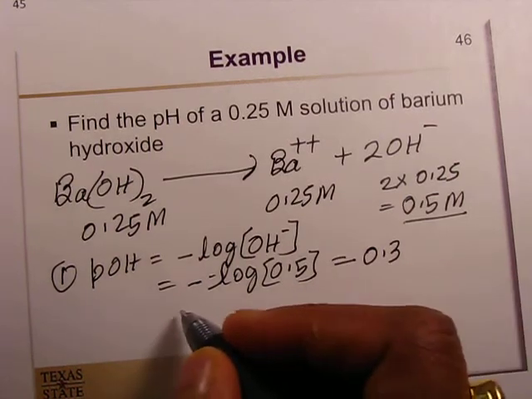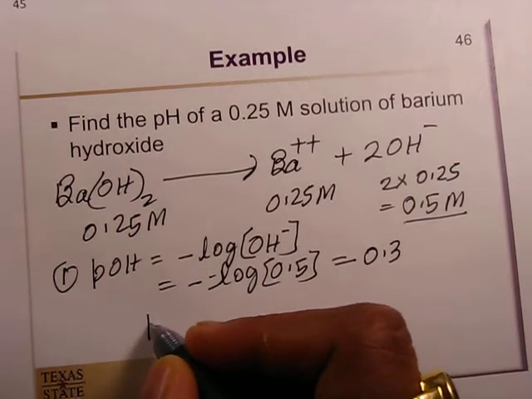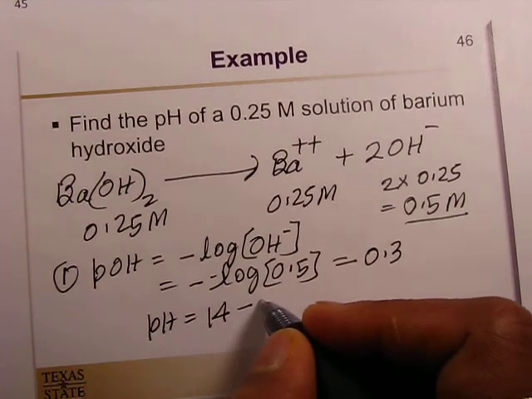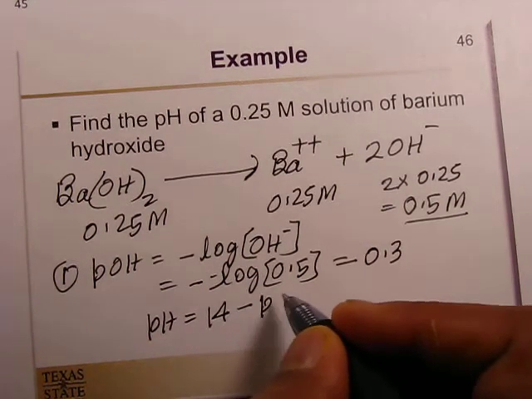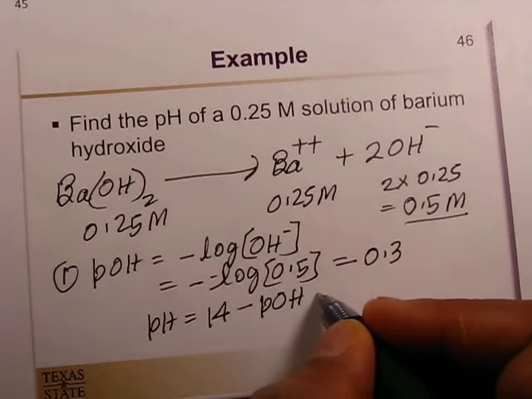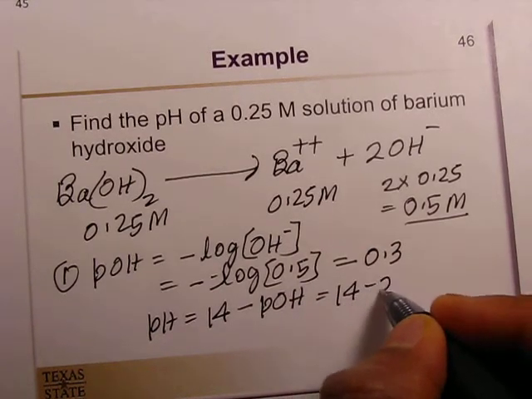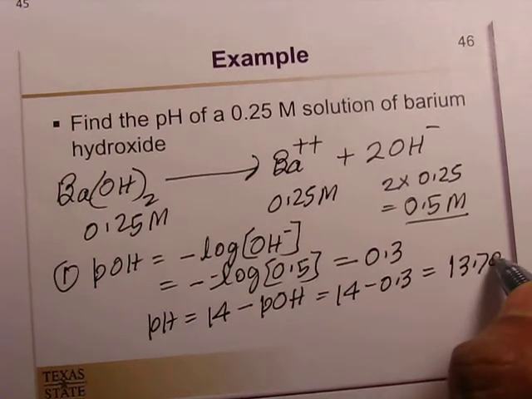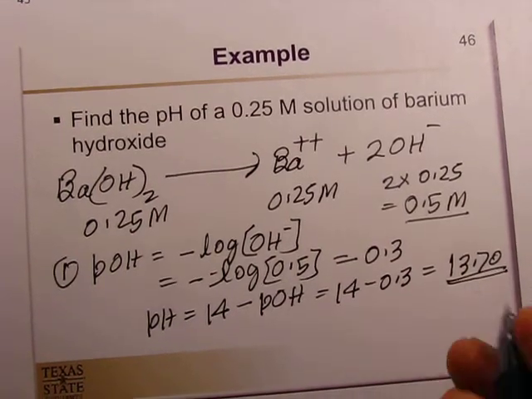And once we know the pOH, we can calculate the pH by subtracting it from 14. So that will be 14 minus 0.3, which is equal to 13.70. This will be the pH.